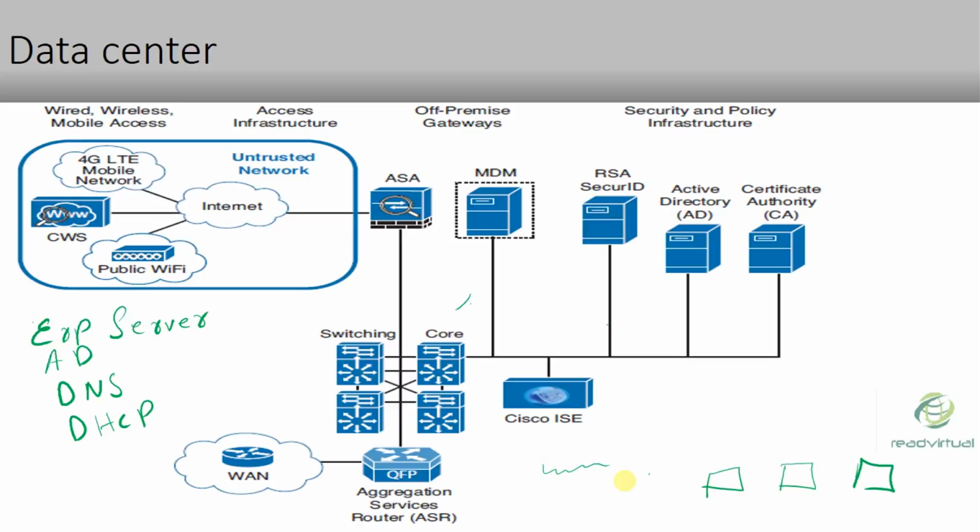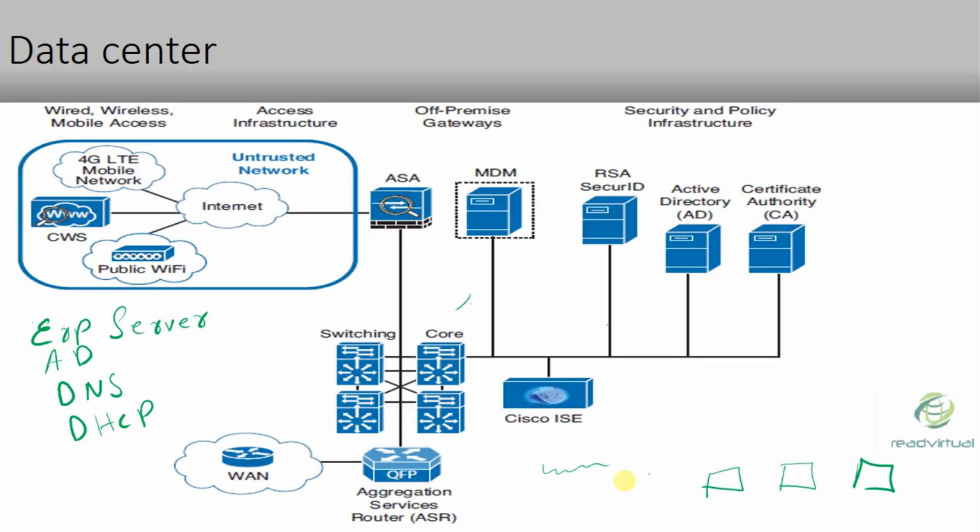So the data center overall means the room where we have servers, and that server is connected to the aggregation layer of the data center, and then aggregation is connected to the core. In our next classes we will discuss how we can increase the security of all these zones, all these different network topologies.